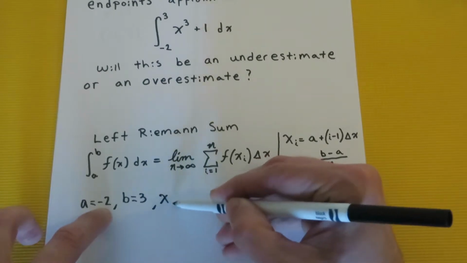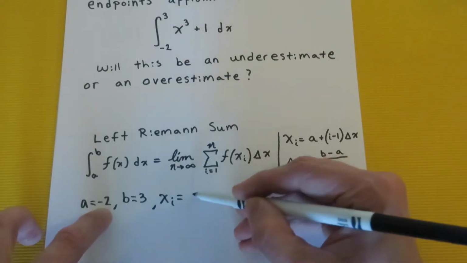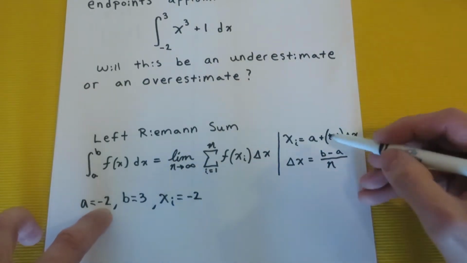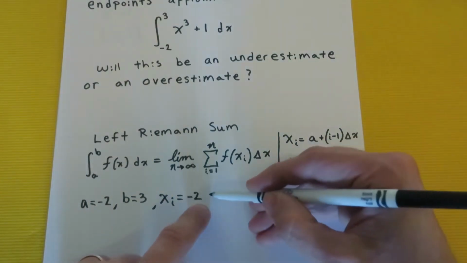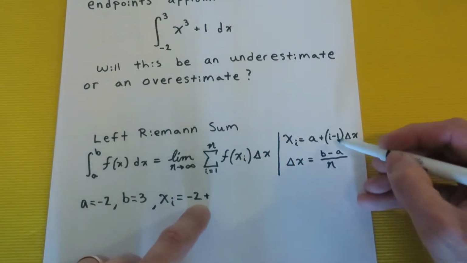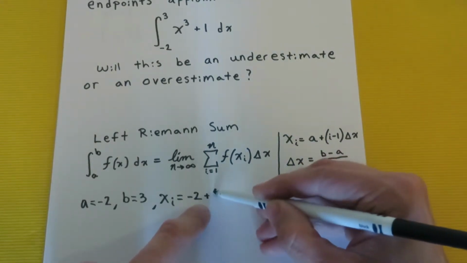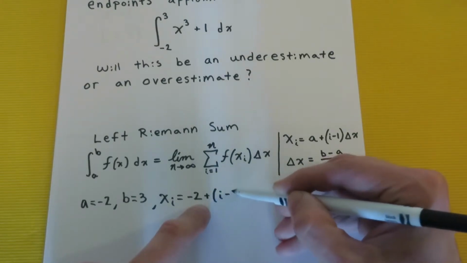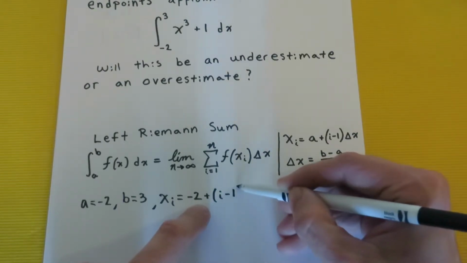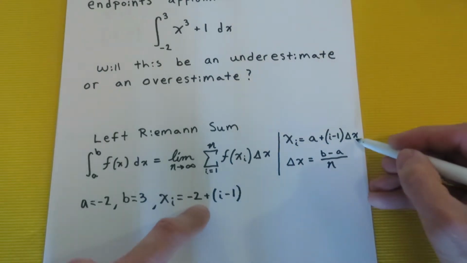So x sub i is equal to -2 plus i minus 1 times our change in x.